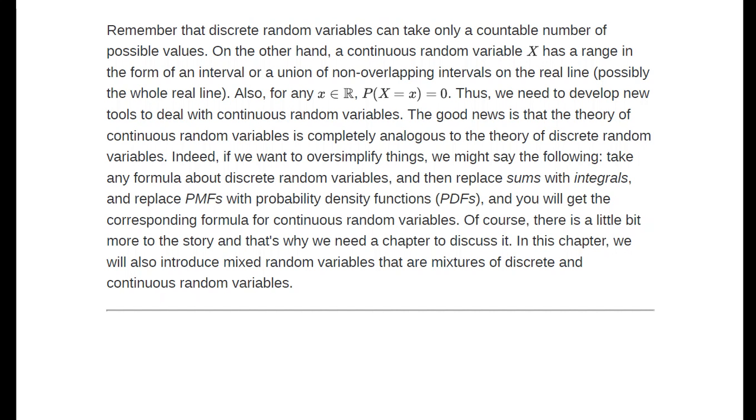Of course, there is a little bit more to the story, and that's why we need a chapter to discuss it. In this chapter, we will also introduce mixed random variables that are a mixture of discrete and continuous random variables.